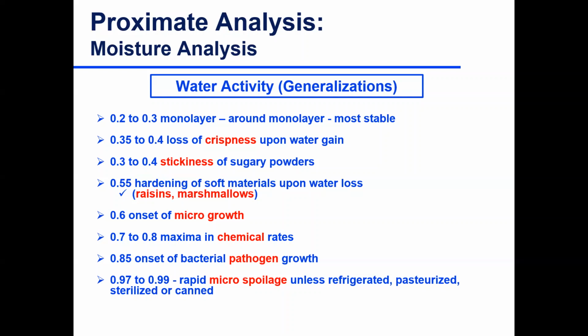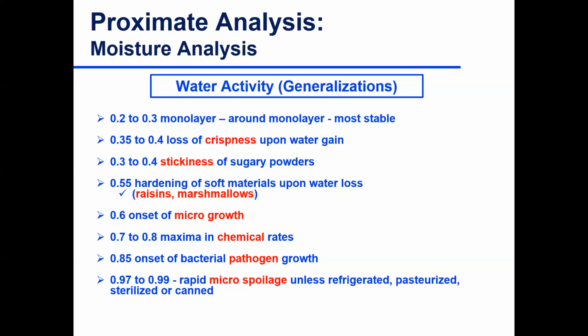At some point, the material that was sticky will get hard. The onset of microbial growth is lowest at 0.6, 0.7, 0.8, maximum chemical reactions at 0.85, pathogen growth up here, microbiological storage. So manufacturers worry a lot about water activity.